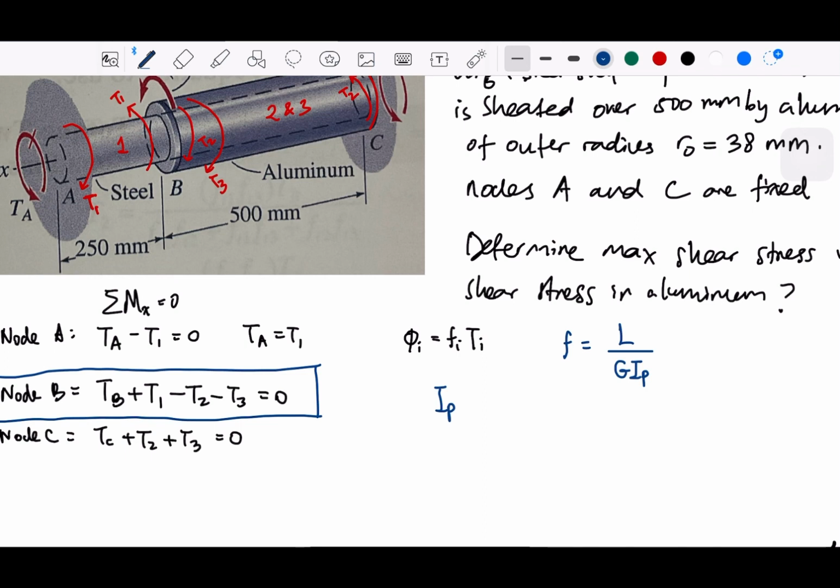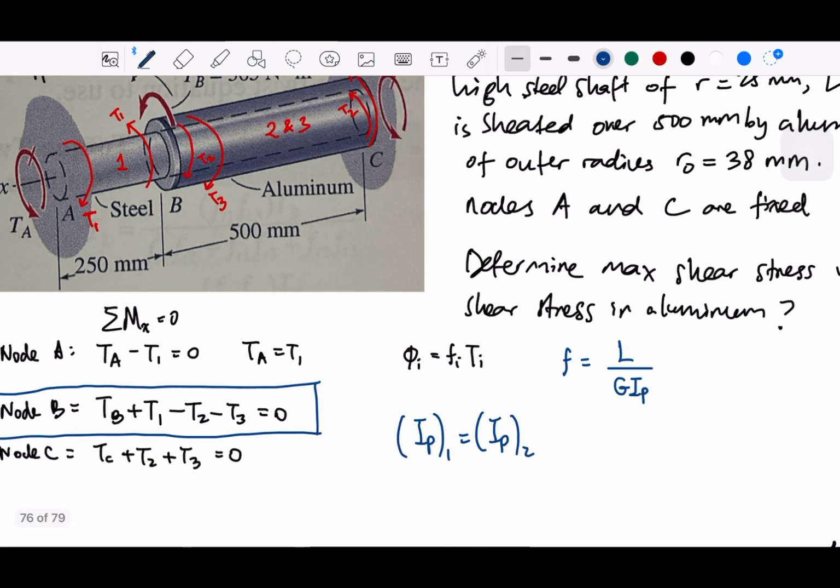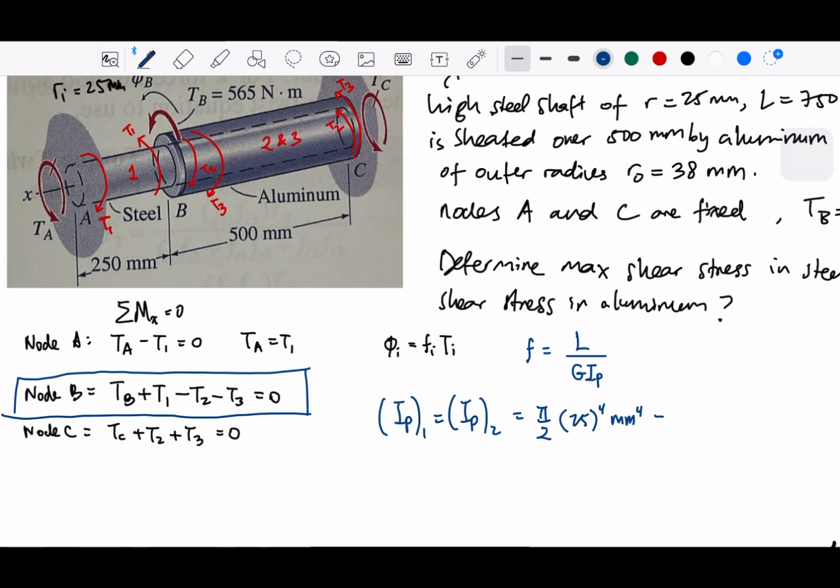So IP1 is equal to IP2, right? The diameter is 25 millimeter, so we can write pi over 2 times 25 to the power of 4. This will be equal to 613.5 thousand.